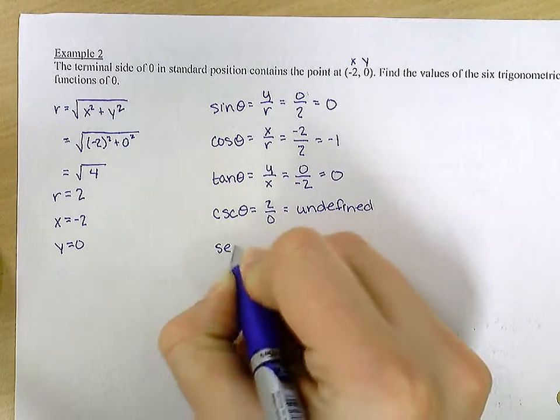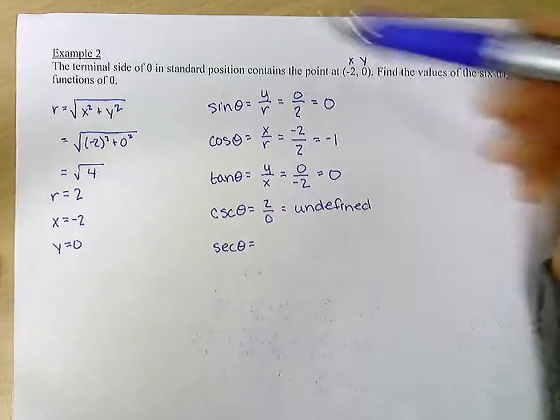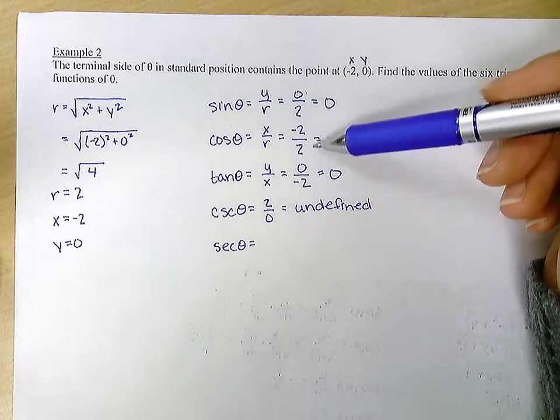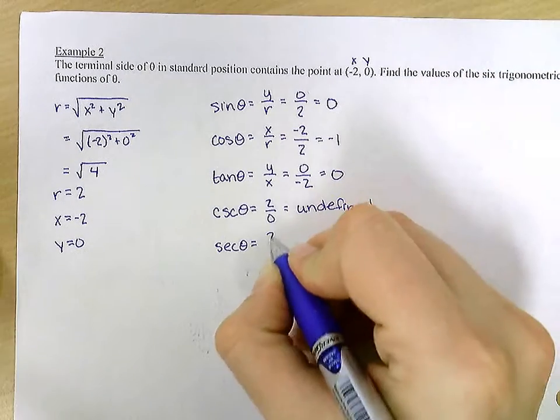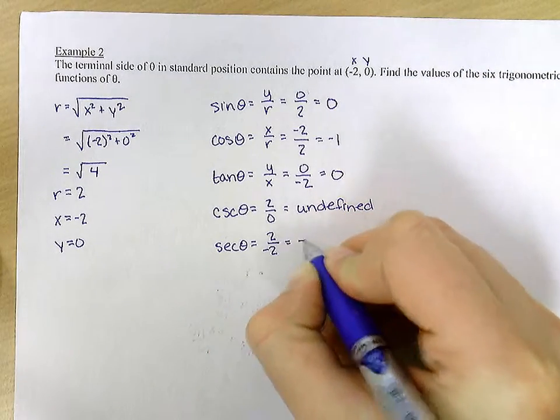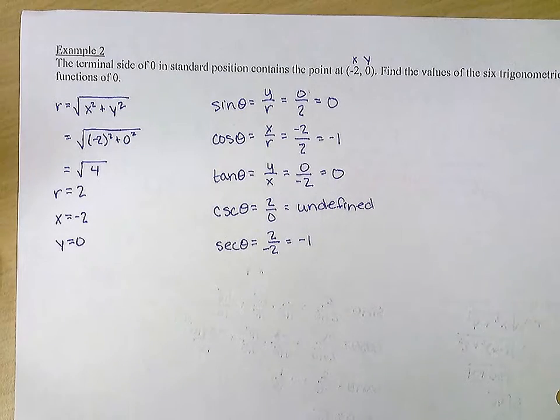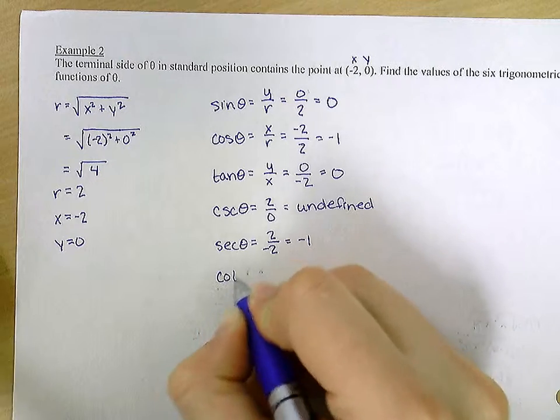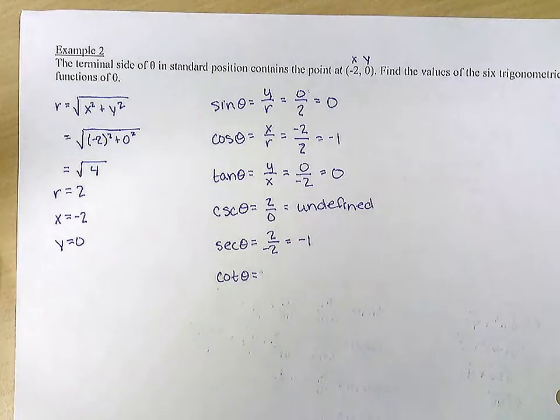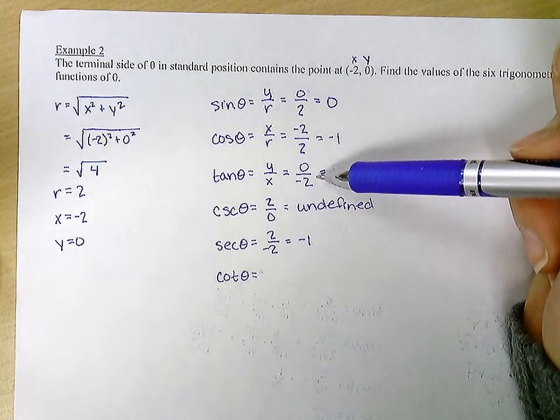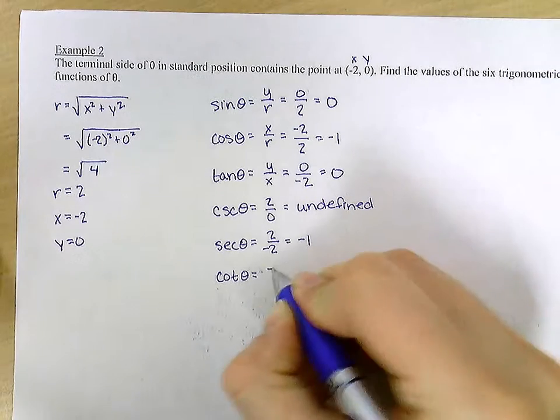Okay, next we have secant of theta. That's the reciprocal of cosine. Okay, so we'll have 2 over negative 2, which again is still just negative 1. And then cotangent of theta, reciprocal of tangent. So flip your numerator and denominator.